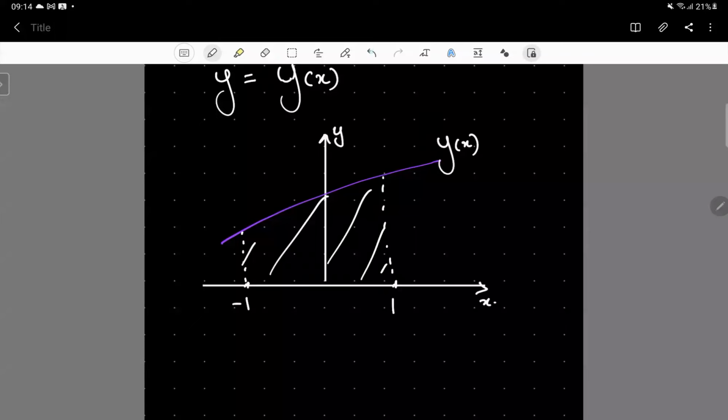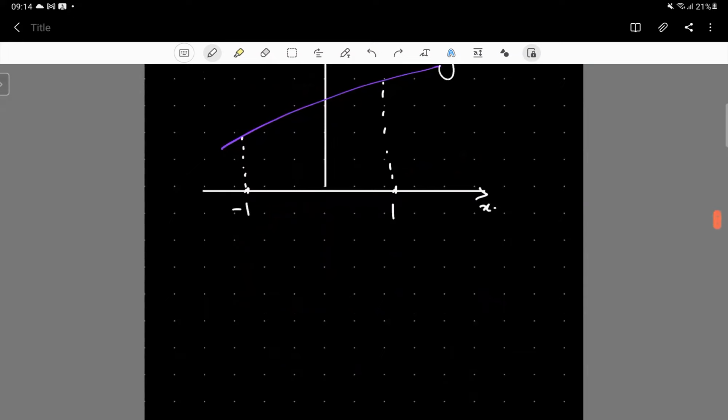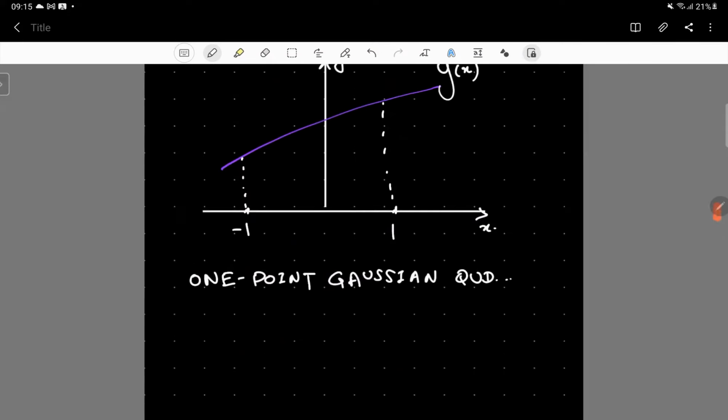So in this Gaussian quadrature technique, in the case of 1-point Gaussian quadrature, we select only one particular point, meaning we select a midpoint, where x is 0, and the corresponding value of y we can assume to be y1.